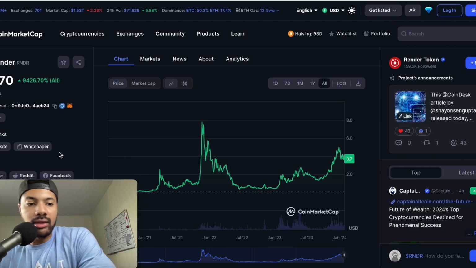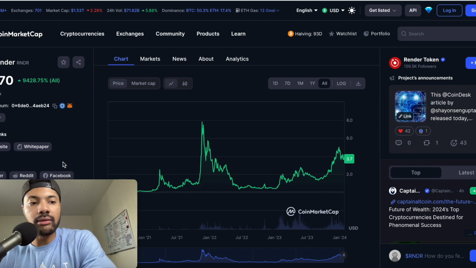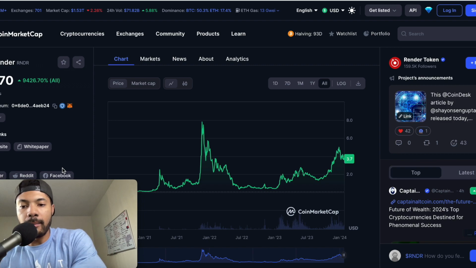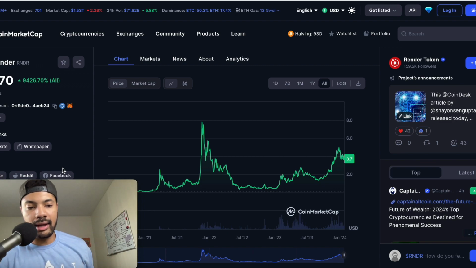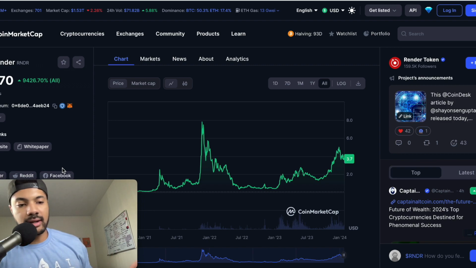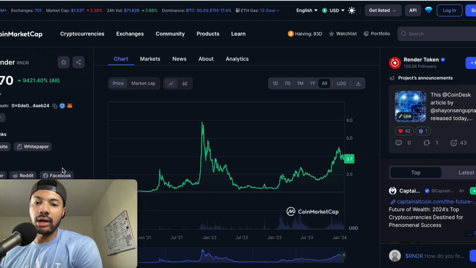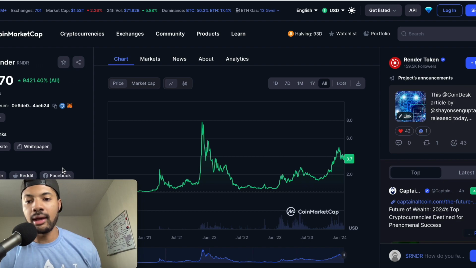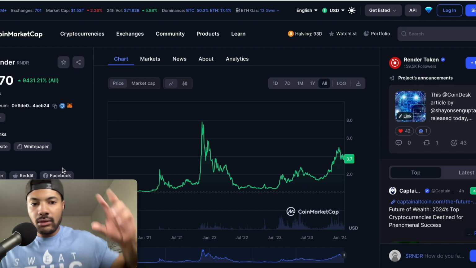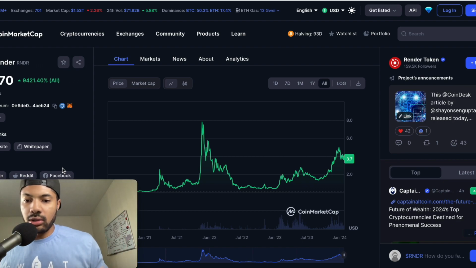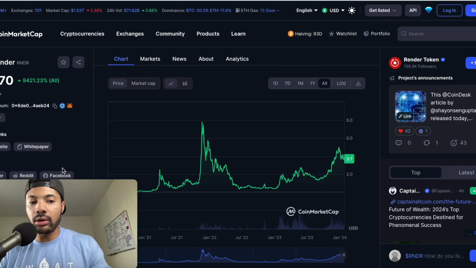I think this token has a ton of potential with more adoption, and when more people look at it as, okay, I already invested in NVIDIA, but what's the crypto version of NVIDIA? Boom, you have Render, and Render is under this play.